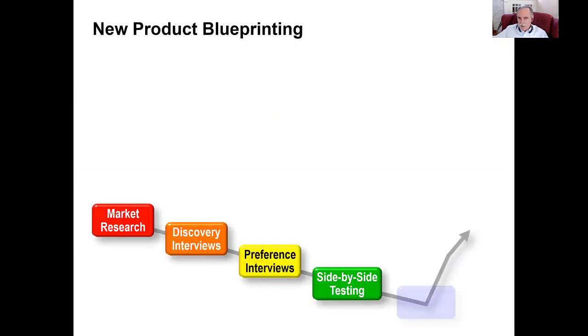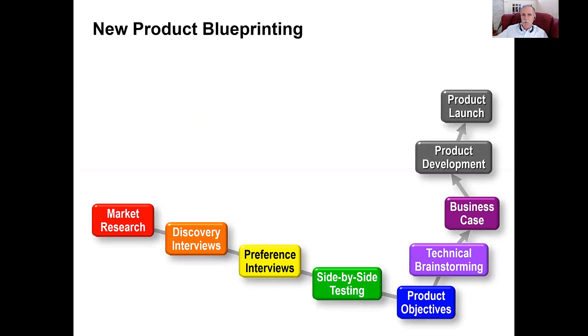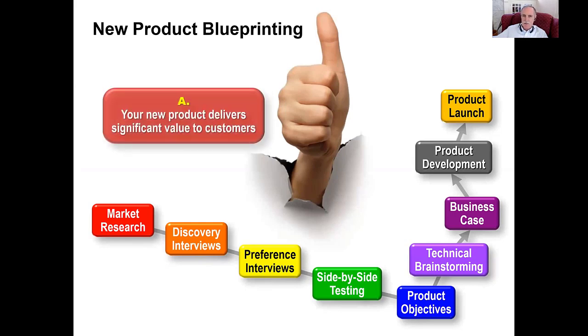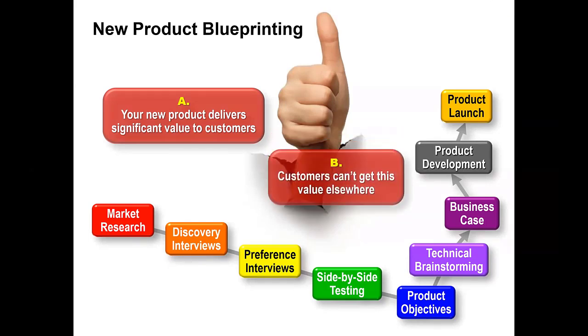Okay. So, as you know, new product blueprinting has 7 steps in it. And what makes for a really successful product launch? Well, you may not have thought about it this way, but there's really 2 things that come into play. First of all, your new product has to deliver significant value to customers. But the second part is customers can't get this value anywhere else.